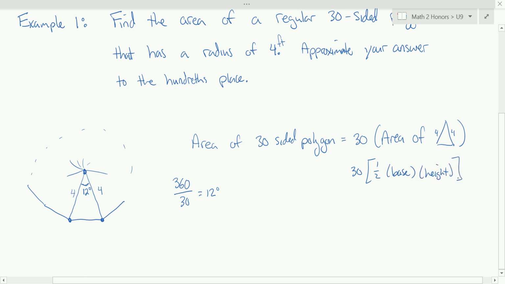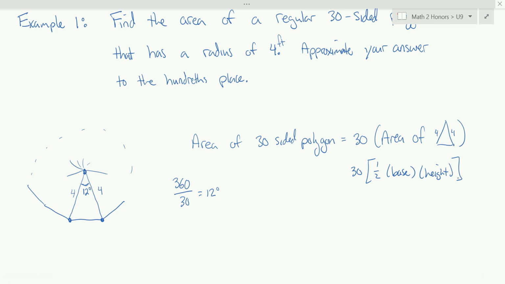You guys have the math background, so that's why I'm pausing and trying to get you thinking ahead of me if you can. Anybody know what we can do to find the base or the height of this particular triangle? It's not a special right triangle. We're going to have to use our calculator. Anything we've done in the past that might apply?